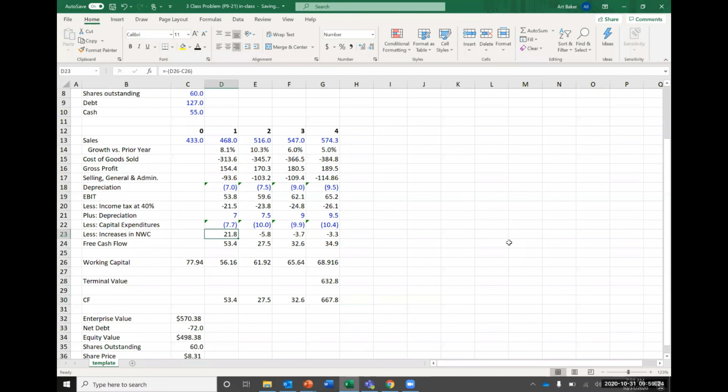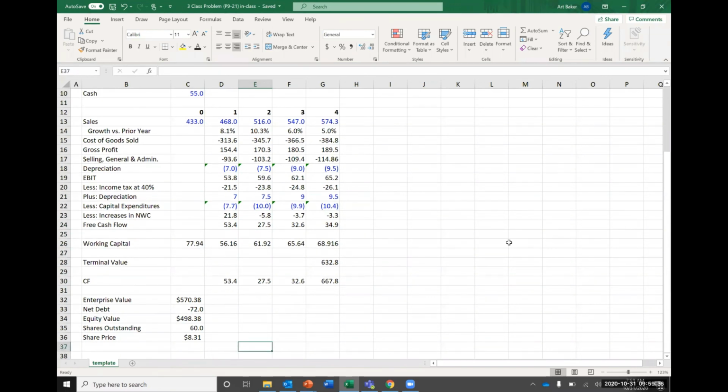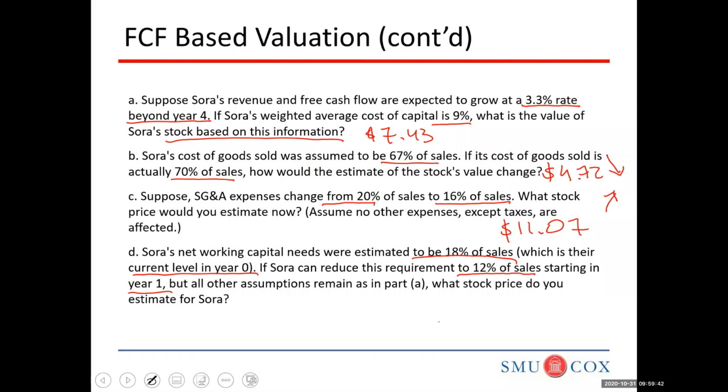In the first year, it changes from 18% to 12%, so we get a big positive impact. I'm looking at cell D23. And then you invest in working capital as you would normally. So I get 831. That's my answer here.